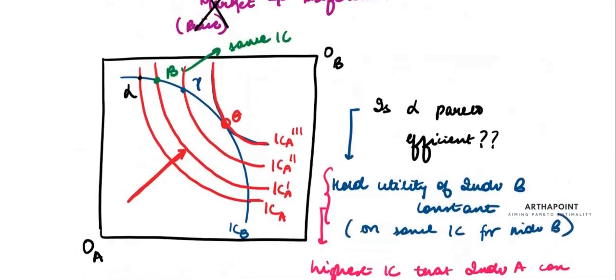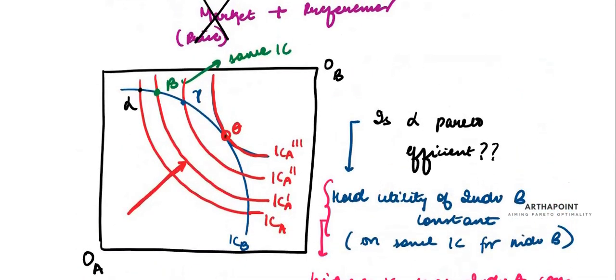But what about a point like theta? Is this Pareto efficient? The answer is yes. If I want to make individual A go to an even higher indifference curve, I will have to take individual B on a lower indifference curve.